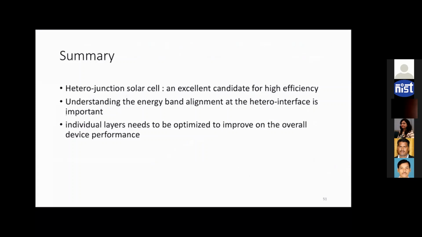Then we have seen that the understanding of the energy band alignment at the interface between your absorber layer and the charge transport layer is very important. And finally, in order to have a nicely working solar cell, you have to optimize individual layers to get improved device performance. And this is true for any kind of solar cell.